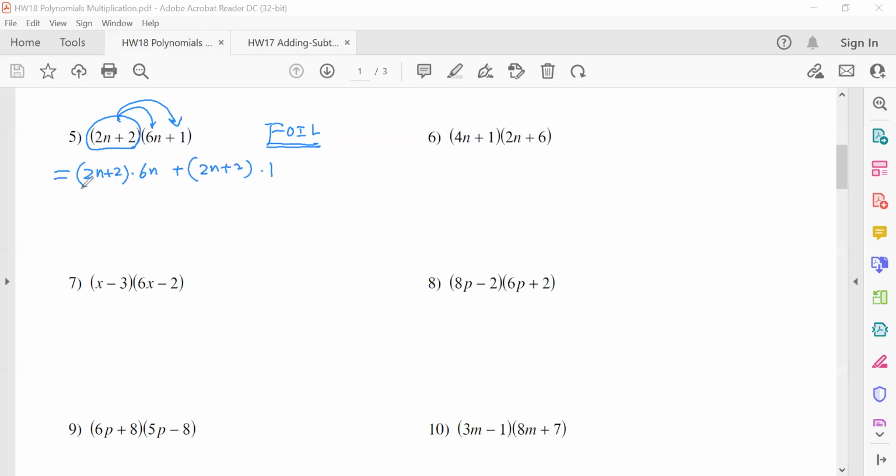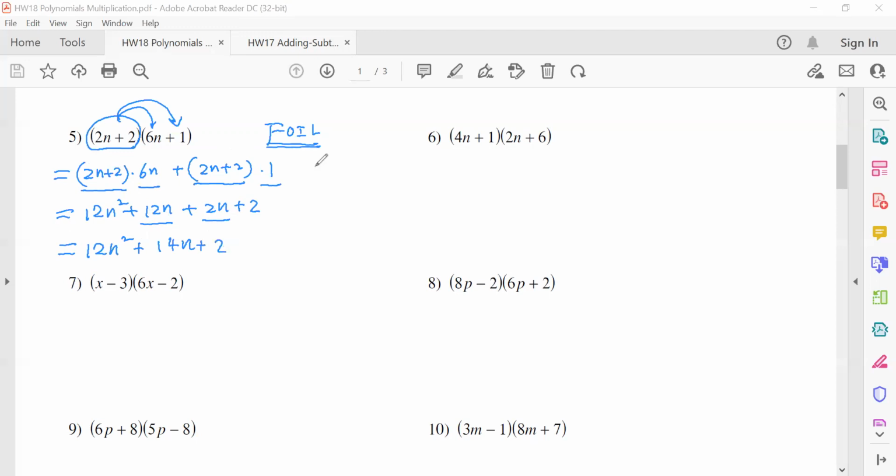After that, you can see this is two terms times one term, so you can still use the distributive method. So you get 12n squared plus 12n, and here that's 2n plus 2, right? That's the second distribution. And after that, you combine like terms, like these steps.